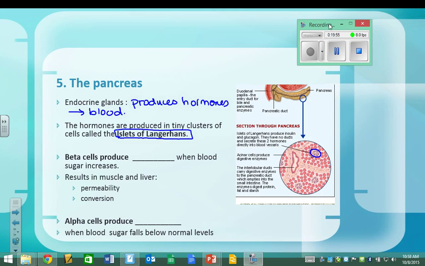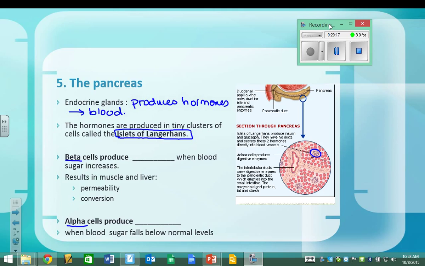There are two types of cells in these little islets. There are beta cells and there are alpha cells. Visually, I would not ask you to distinguish them, but I would ask you to know which one produces which hormone.